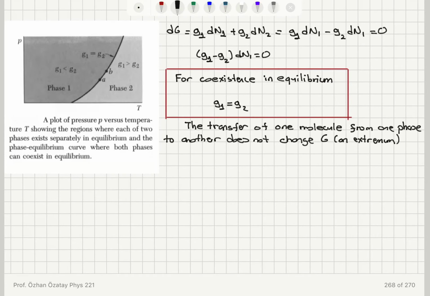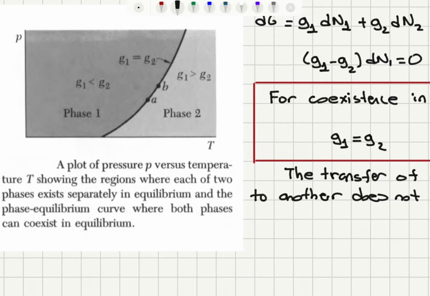Now you can see that here is a plot of pressure and temperature values. And we can see there is a certain range of values where the Gibbs free energy per molecule in phase 1 and phase 2 are the same. That is the curve on which we have the coexistence of these two phases. And you can see that if the Gibbs free energy per molecule for phase 1 is less than that in phase 2, all molecules will transform into phase 1.